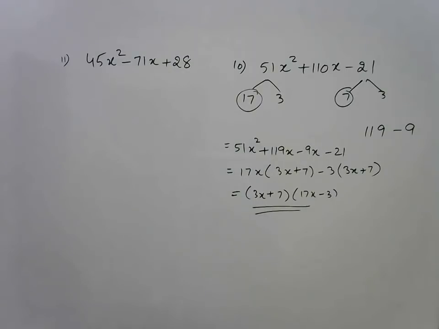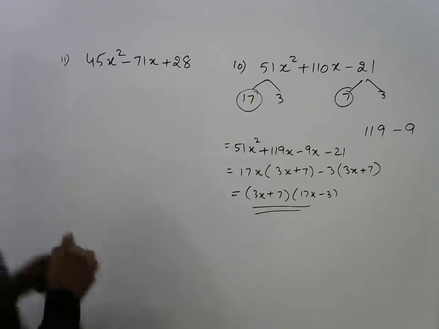No other takers for this one. They have given me the factorized form also: 9x minus 7 and 5x minus 4. Amazing work there by Mahinder Singh, Manoj Kumar, Divakar, Indu, Gauri Shankar. Gauri Shankar, I think you typed 5x minus 7 there. I think it's 4. Please check.